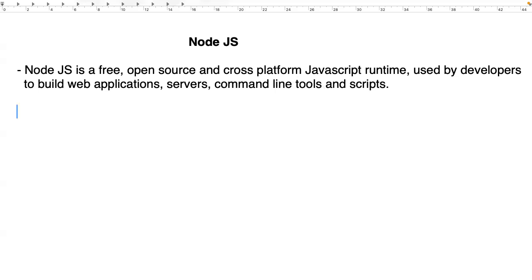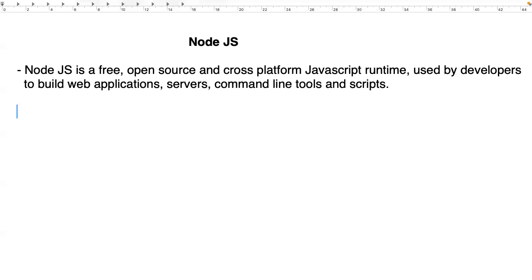It is a free open source cross-platform JavaScript runtime. Free means it is licensed free. You don't need to buy. Open source means it allows you to customize according to your requirements. Cross platform means it can run on every operating system. So it is a JavaScript based server side technology, a JavaScript based runtime technology.